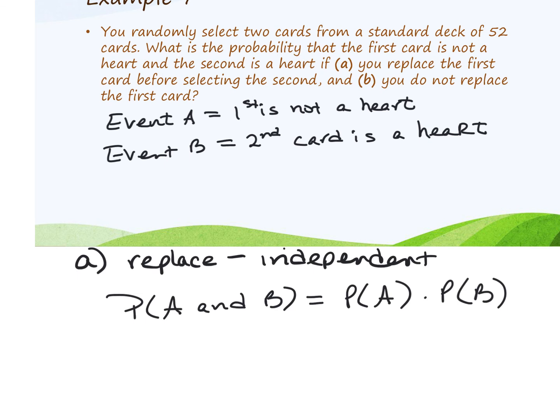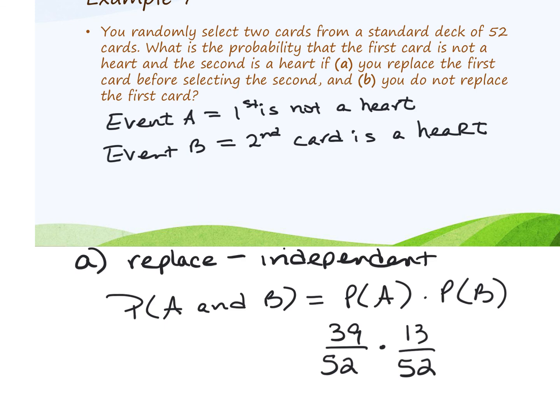So the probability that a card is not a heart, so there are 13 cards in each suit. So there's 13 clubs, 13 spades, 13 diamonds, 13 hearts. So not a heart would be 52 minus 13, which would be 39 over the 52. And then event B, second card is a heart, because we replaced it, is 13 over 52.